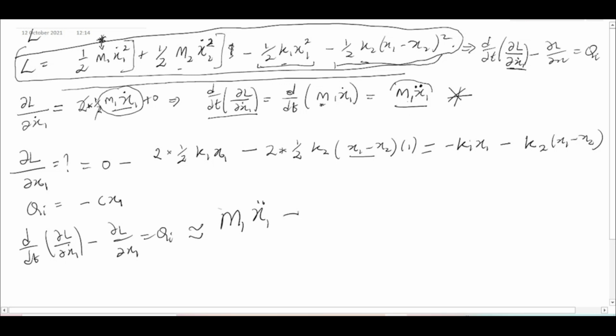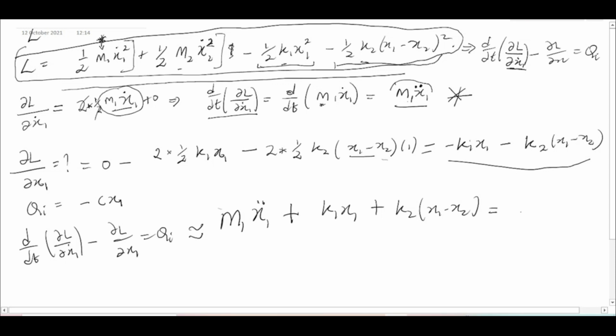Minus dL/dx1, which is this part that we got earlier. If you bring that in, minus multiplied by minus, we'll change that to plus. This sign will change to plus k1 x1. Likewise, the other sign will change to plus k2 (x1 minus x2).